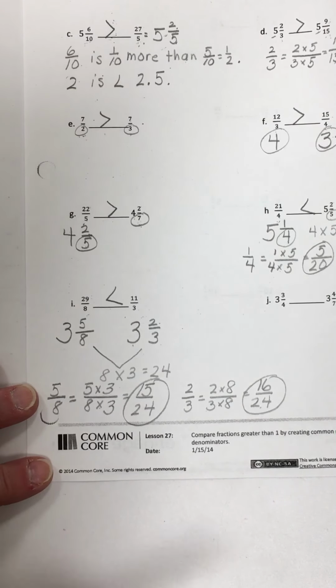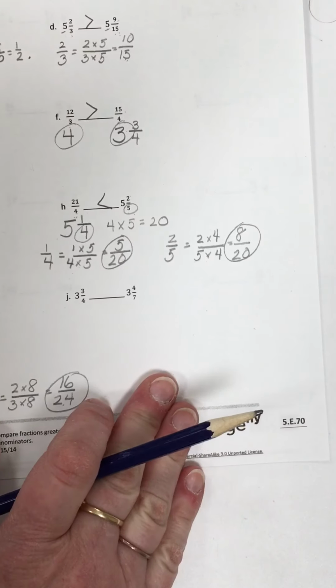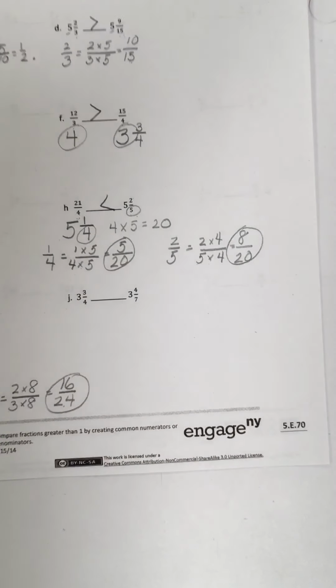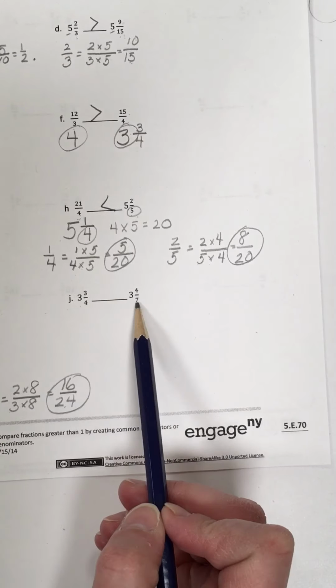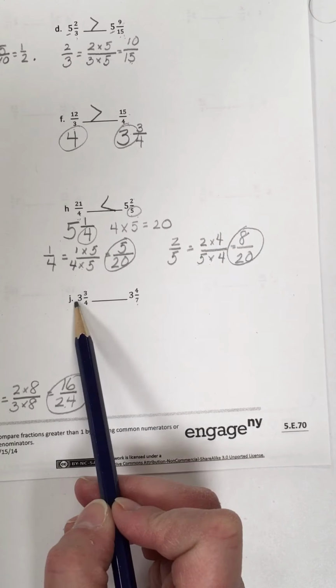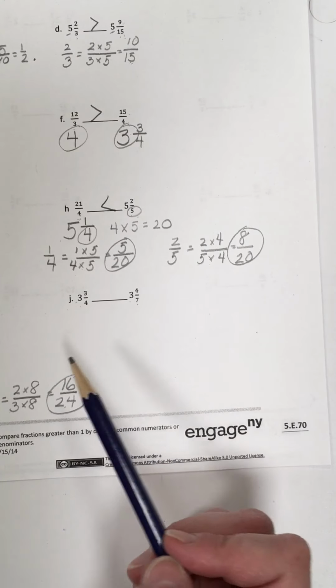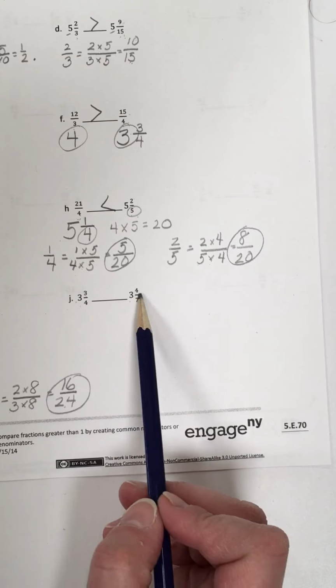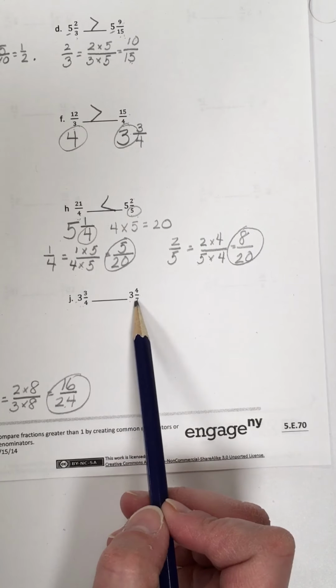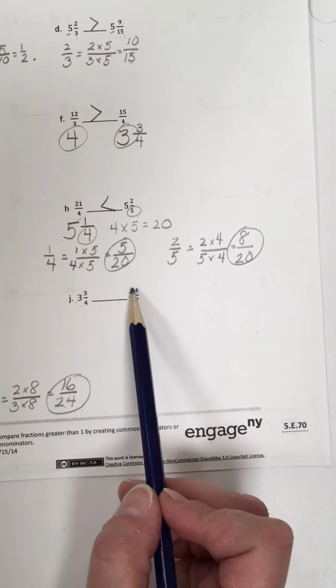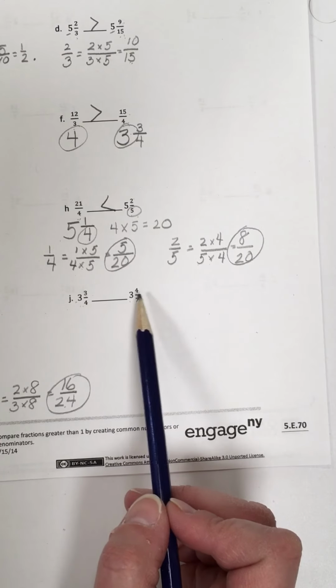We've got one more to go, folks. J. We're comparing 3 3/4 to 3 4/7. They're both mixed numbers. The whole numbers are the same. So I look to the fraction, different numerators, different denominators. I can't multiply either to become the other.